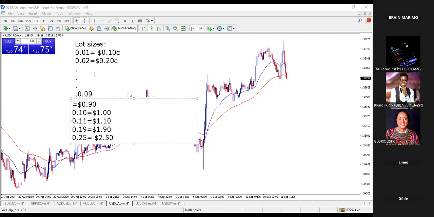Literally you can move a $6 account to 600 or 6,000. That is the beauty of leverage. It is one of the biggest reasons why trading is popular.